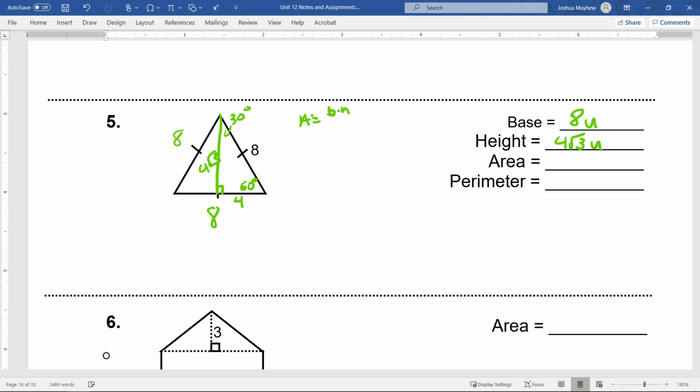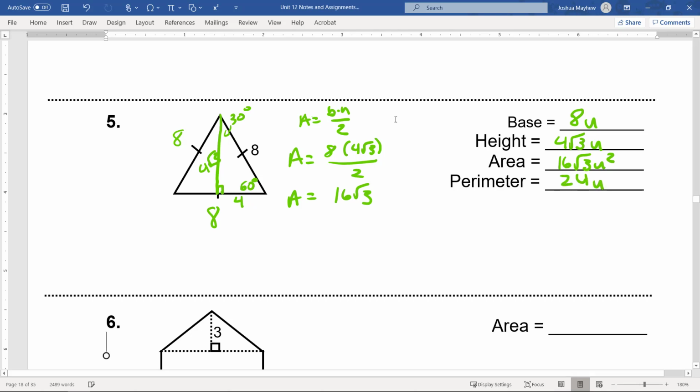So area is base times height divided by 2. 8 times 4 rad 3 divided by 2 gives us 16 rad 3 square units for our area. And then perimeter is easy. It's equilateral. 8 plus 8 plus 8, or 8 times 3 is 24 units for the perimeter.